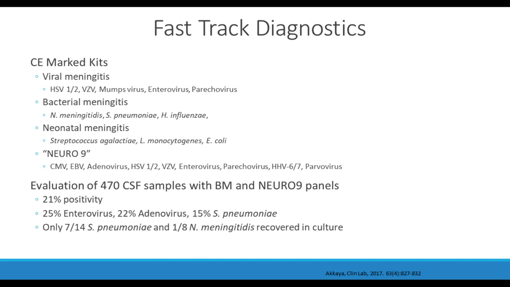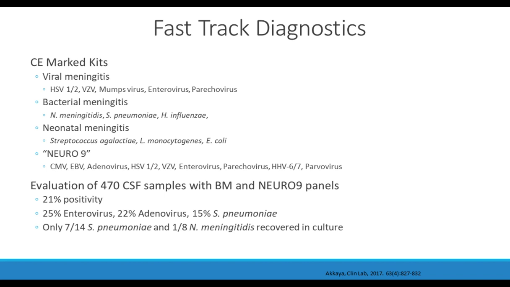So to focus on the panels, as I said, there are two panels. One is CE marked from Fast Track Diagnostics, which has a variety of different kits. One looking at viral meningitis agents, one looking at agents that cause bacterial meningitis, one associated with neonatal meningitis, and their so-called Neuro 9 panel, which is kind of a specialty panel for viral causes of meningitis.